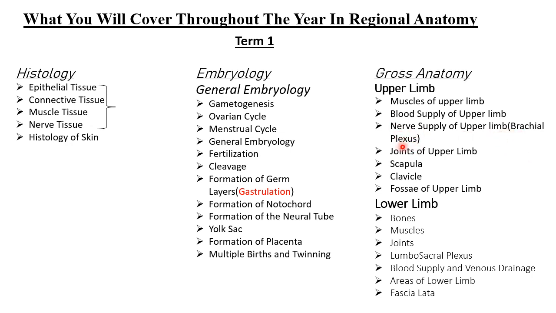A plexus is just a group of things. Whenever you hear plexus, it can be a group of nerves or a group of blood vessels. Then the lower limb, you also look at the subtopics that I've listed here, but otherwise it's a lot. I've just mentioned a few.